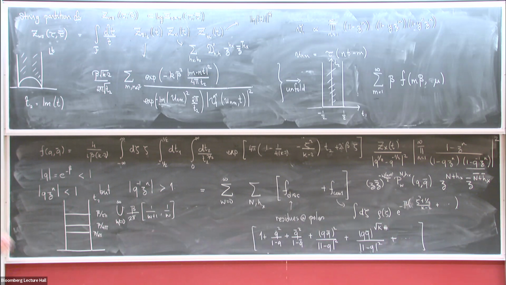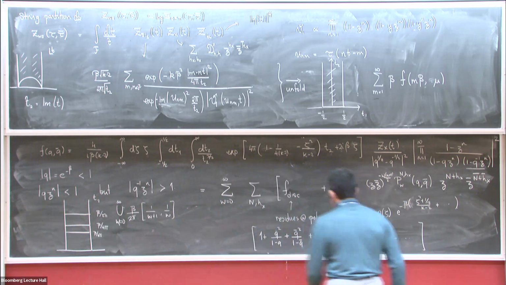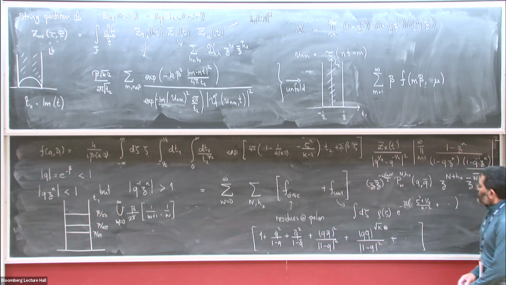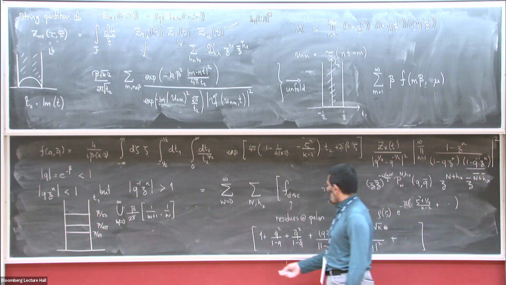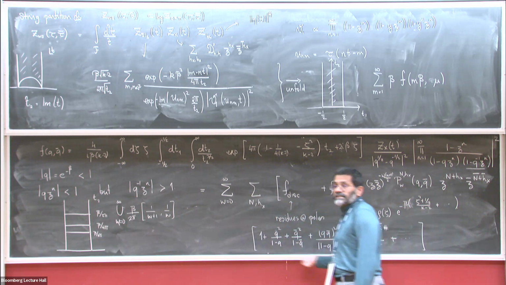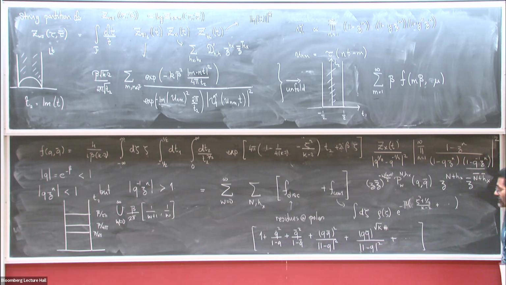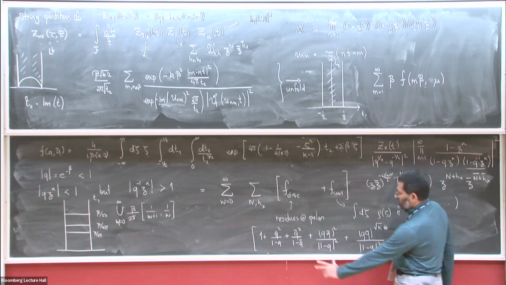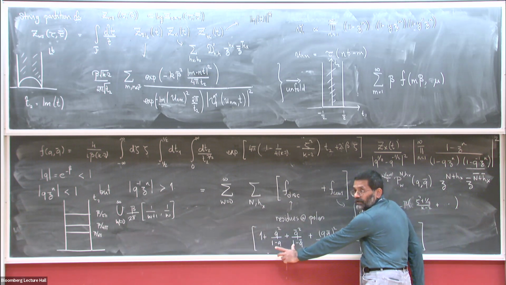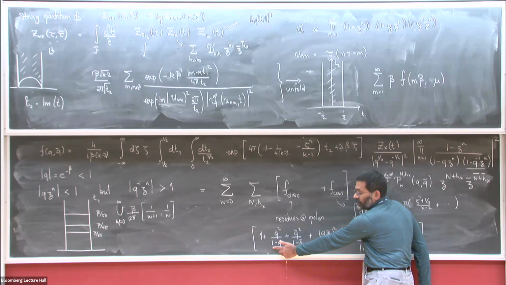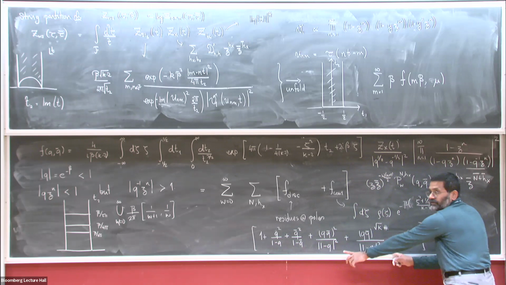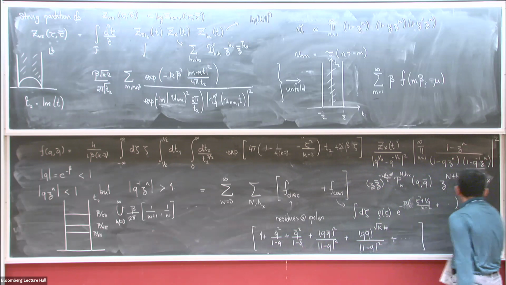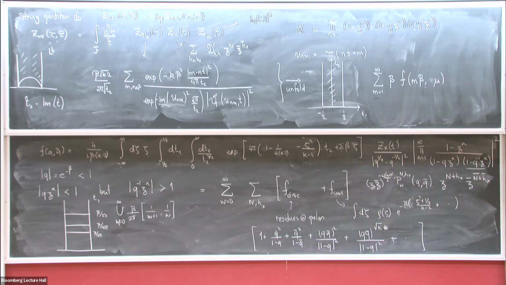This is really what we're after, and you'll see why. So this is the answer from a single string configuration. You see the answer has a piece which is purely chiral, either left or right moving, and then pieces which are mixed left and right. Let's interpret each of them separately.